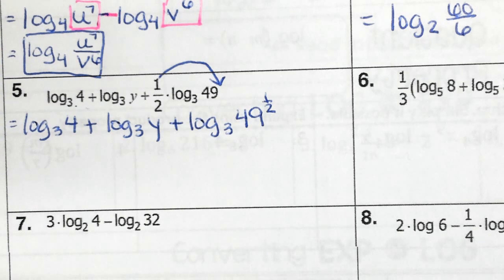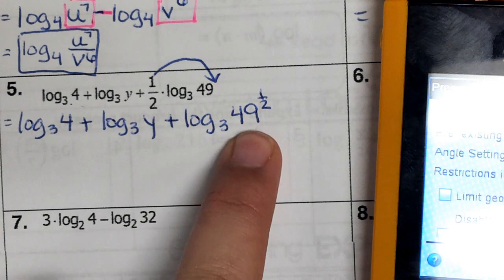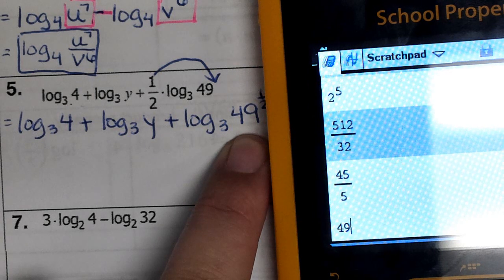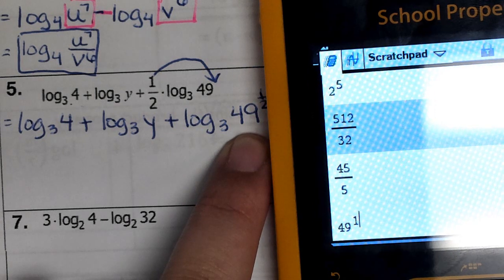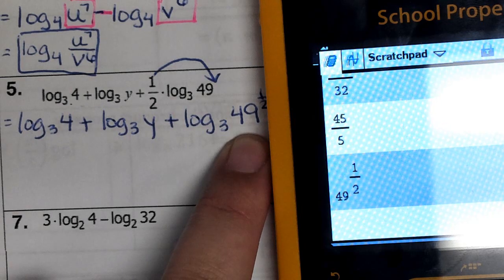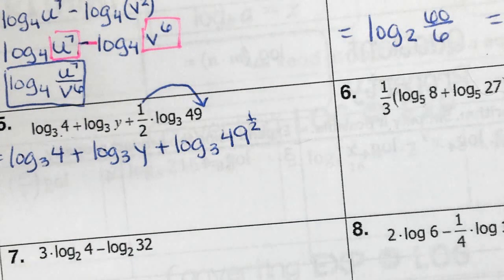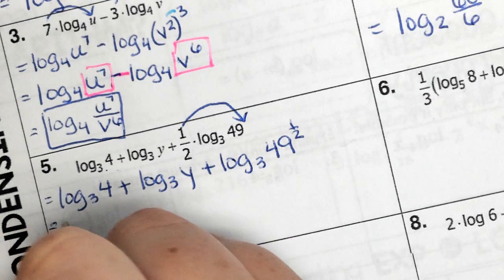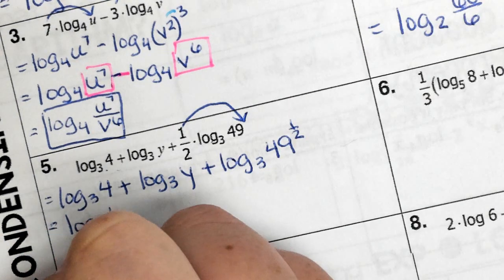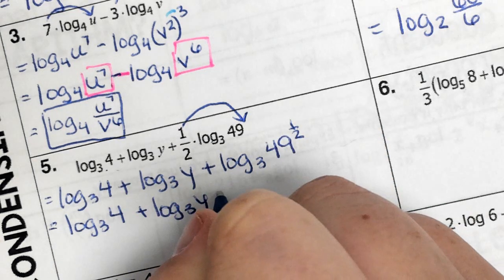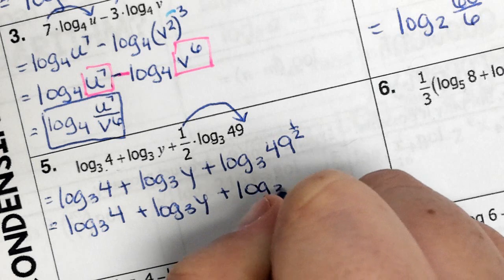You can just use your calculator to simplify this 49 to the 1/2, but it is the same thing as taking the square root of 49, so therefore the answer for 49 to the 1/2 is just 7. So now it's going to say log base 3 of 4 plus log base 3 of y plus log base 3 of 7.